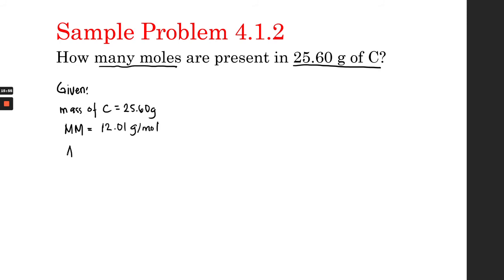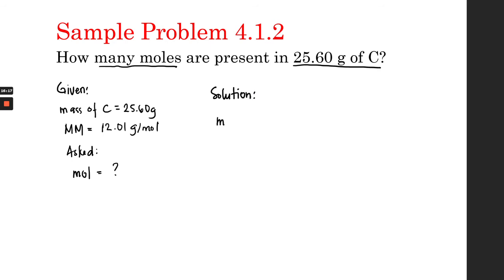And what they are asking me is how many moles of carbon is 25.60 grams of carbon. So they're asking me for moles. So how am I going to solve for this? Still quite easy, so let's have our solution right here.